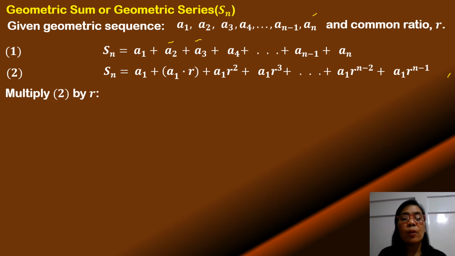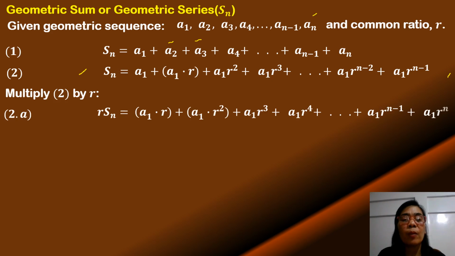Okay, so if we are going to multiply equation 2 times r, the common ratio r, we are going to multiply each of the terms in this equation by r. So the left member will be r times s sub n. Multiplying a sub 1 by r gives a sub 1 times r squared. A sub 1 r squared times r is a sub 1 r cubed.